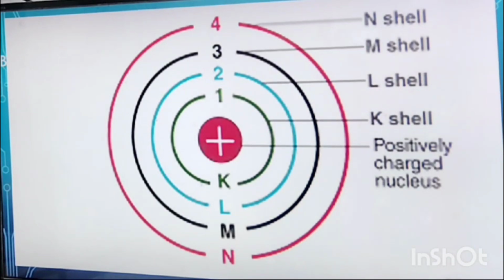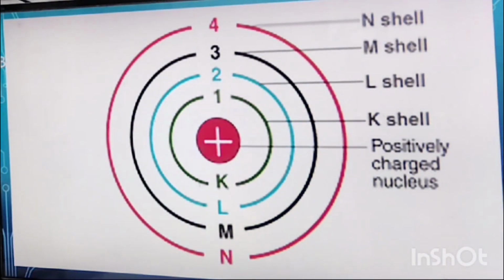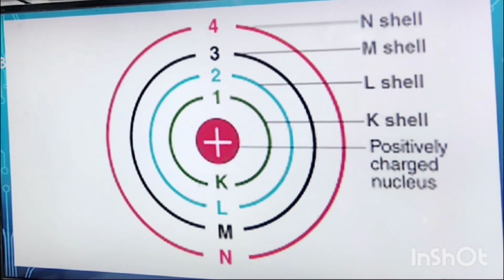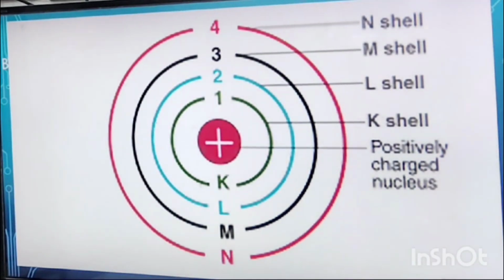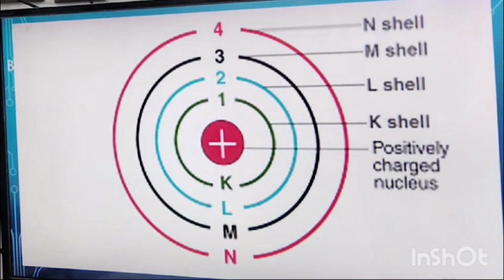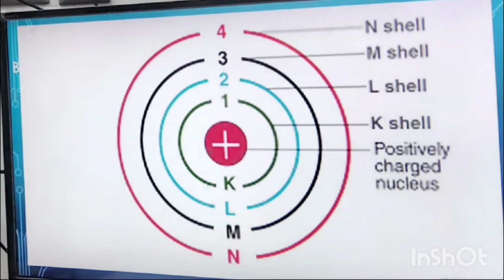Each orbit has a fixed amount of energy. And when an electron is revolving in any orbit, it will not lose or gain energy. Only when the electron gains energy will it jump to a higher energy level, and when it loses energy, it goes to a lower energy level. So this is Bohr's model.